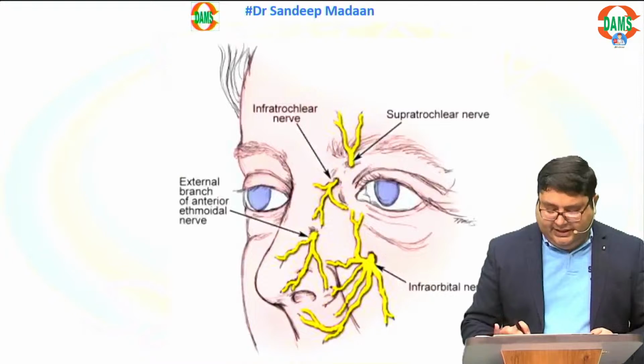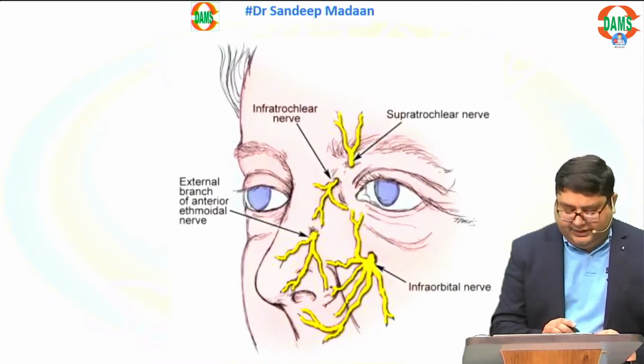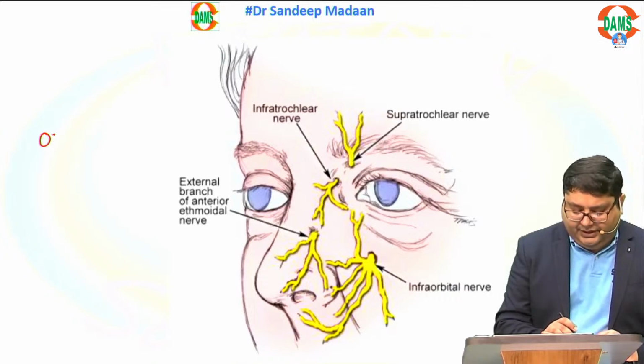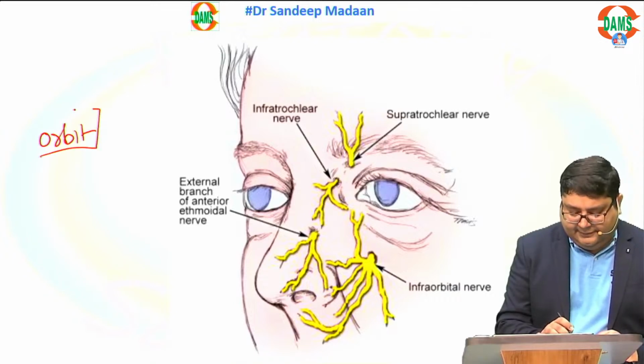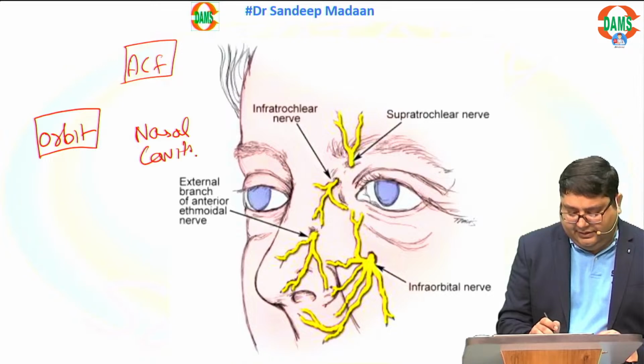So let me write those notes also for you guys. All right. So we can say we have from the orbit into the anterior cranial fossa, into the nasal cavity, we have our nerve coming.